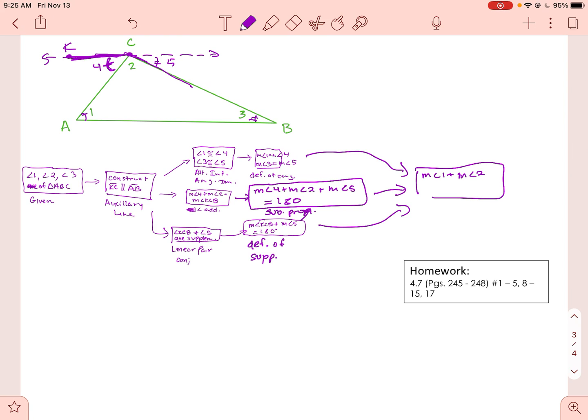And then we have angle 5 is equal to angle 3, so plus the measure of angle 3 equals 180 degrees. Angles 1, 2, and 3 are the interior angles of that triangle. So we're using the substitution property, and that is what we wanted to show. We wanted to show that the measure of the interior angles of a triangle is equal to 180 degrees. So that is what a flow chart could look like for that proof.